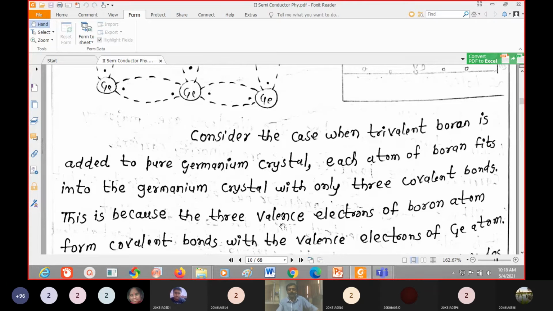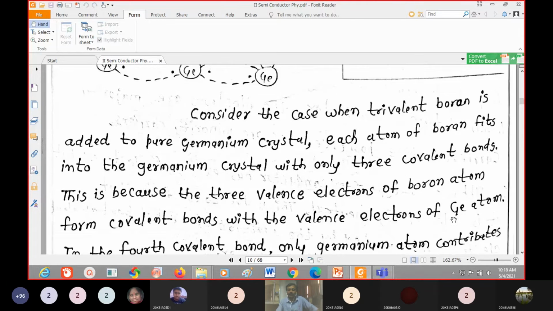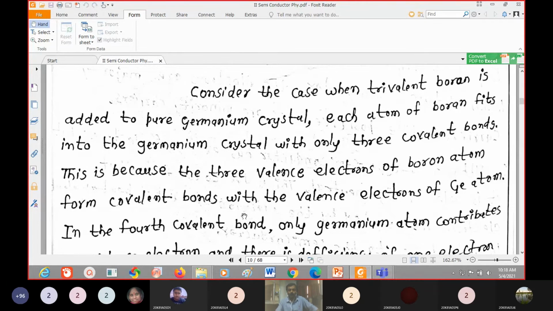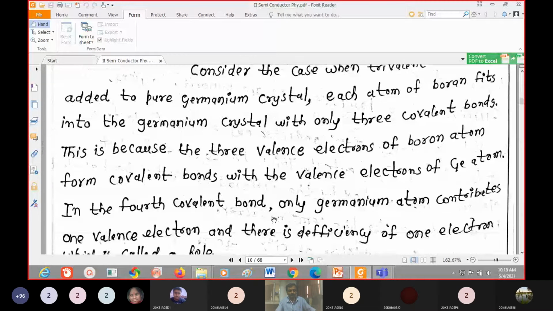This is because the 3 valency electrons of the boron atom form covalent bonds with the valency electrons of germanium atoms. So if you take boron, it provides 3 electrons, and those 3 electrons only bond with the surrounding 3 germanium atoms.